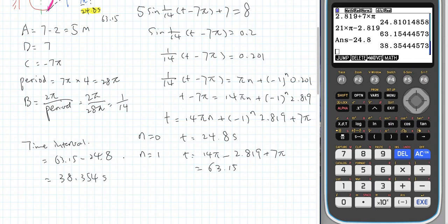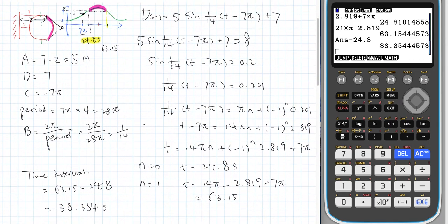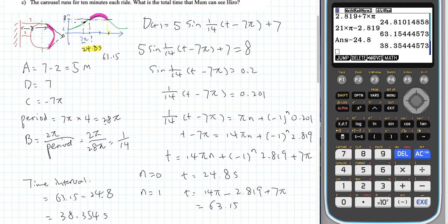Cool. So this is only for one period though. How long is one period? It's 28 pi, so roughly 28 times 3.14. Sorry, that's not 64, it's 88 seconds.